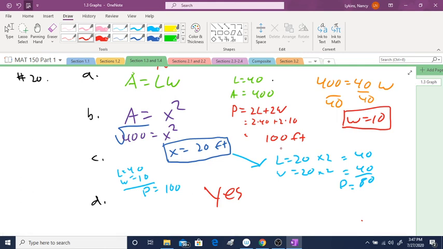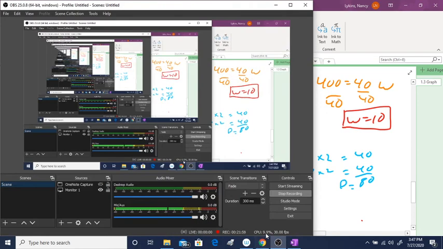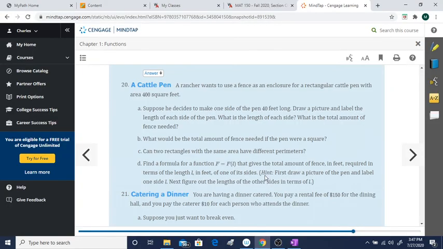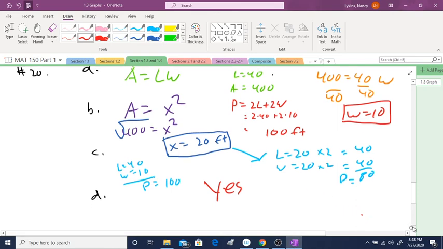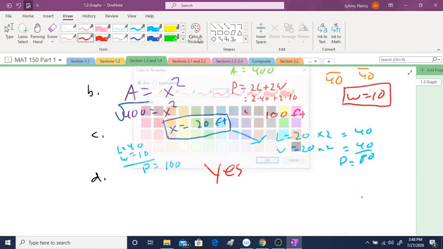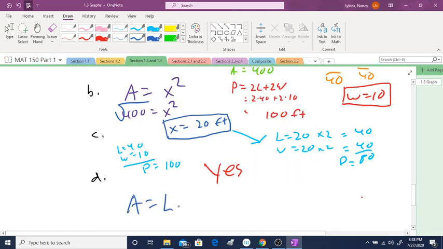Finally, this is another one that throws us off a little bit. It says to find the formula in terms of L instead. So what we need to do on this one is go back to our original. For this rectangle, area is going to be length times width.